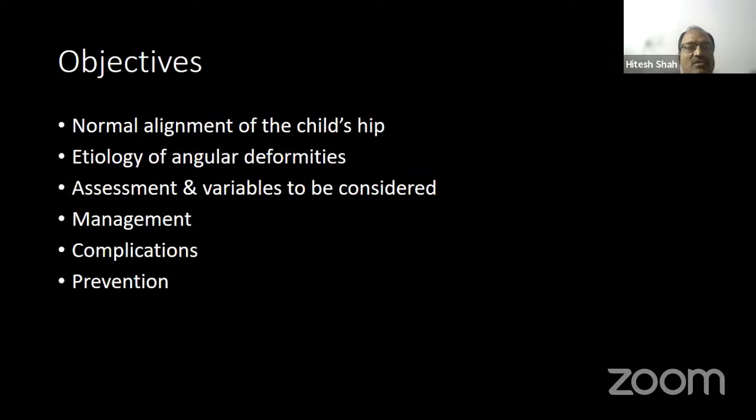I'm going to discuss today the normal alignment of the pediatric hip, the etiology of the Coxa Vara, what etiologies can affect the proximal femur geometry into Coxa Vara, assessment and variables to be considered for managing the patient with the Coxa Vara, management principles and a few techniques, complication and prevention of the Coxa Vara. It's very commonly kept as a case in exam, but all the Coxa Vara in children would not be the same.